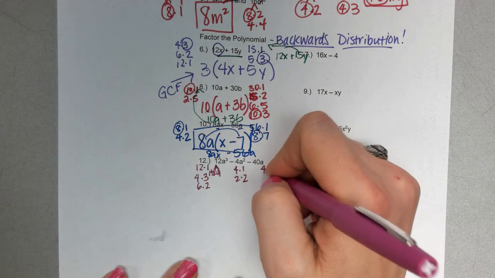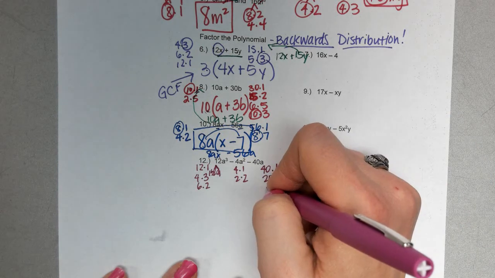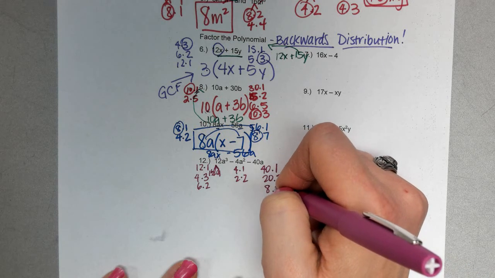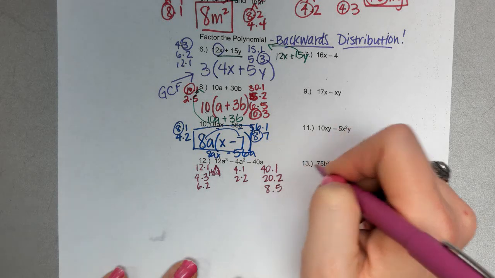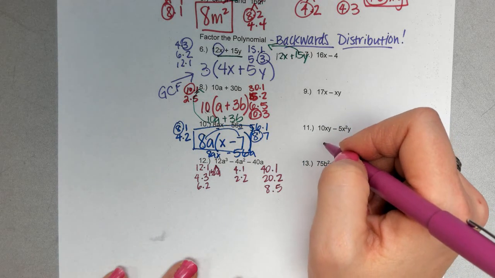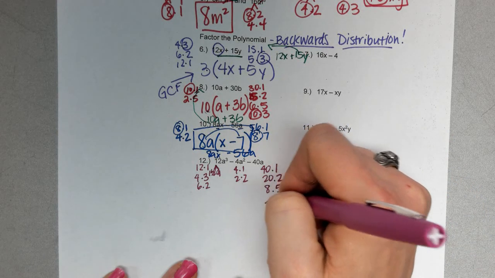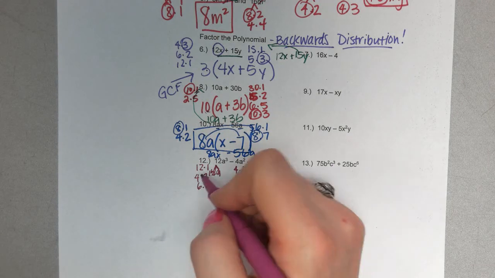For 40, you have 40 and 1, 20 and 2, 8 and 5. Anything else that you can think of that equals 40? Okay? So what is the greatest common factor that they all have in common?